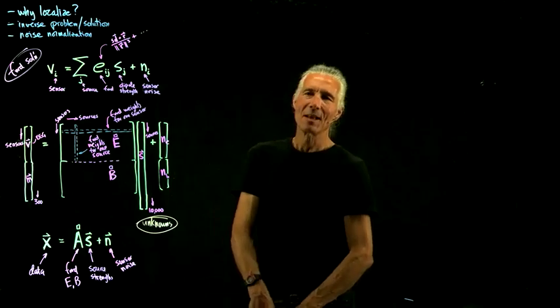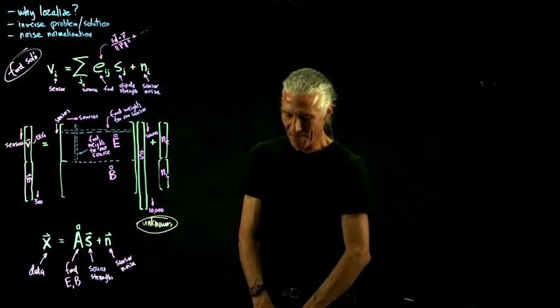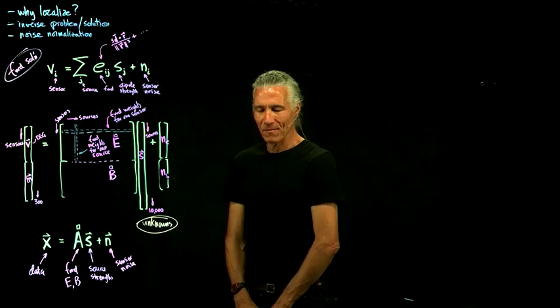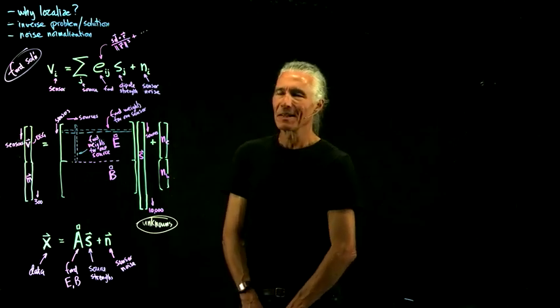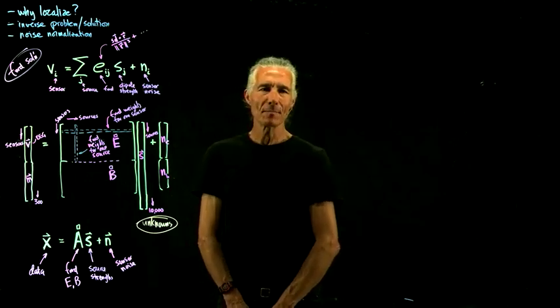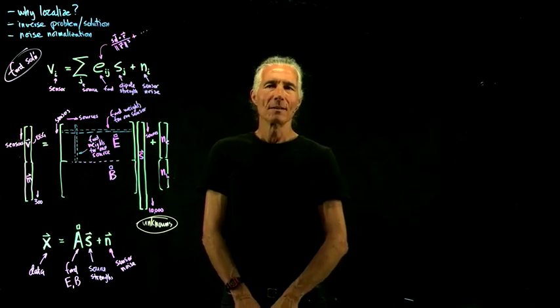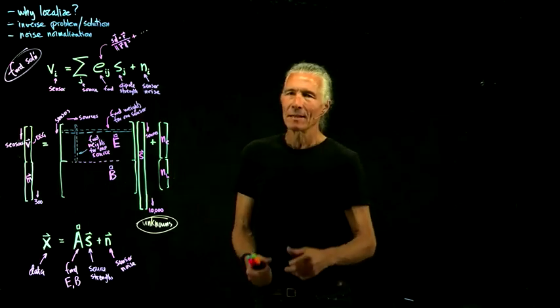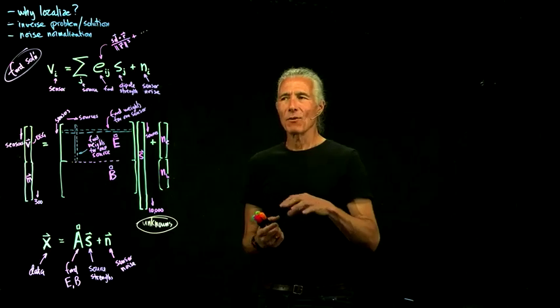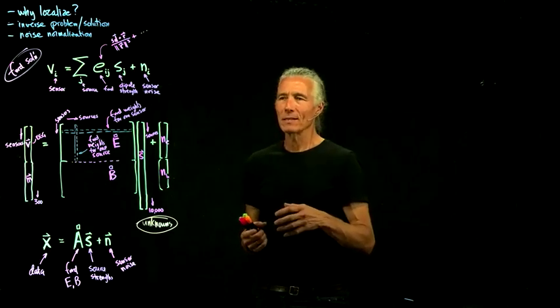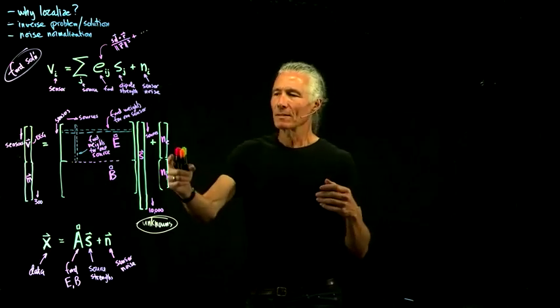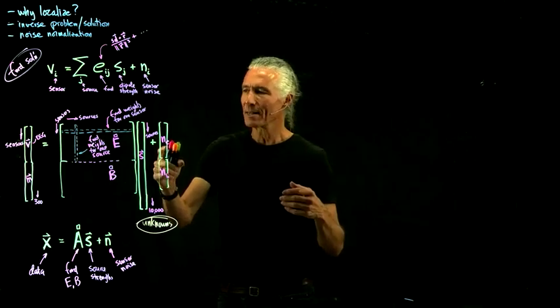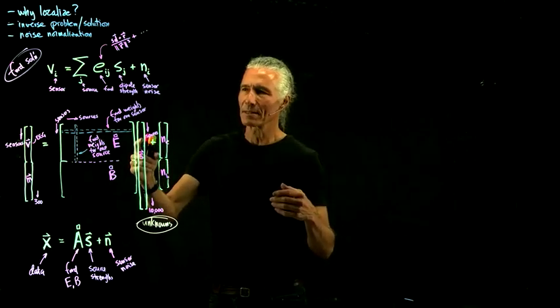And so what is the form of adding that data? It's basically some simple assumptions about what the variance and the covariance of the sensor noise and sources are.